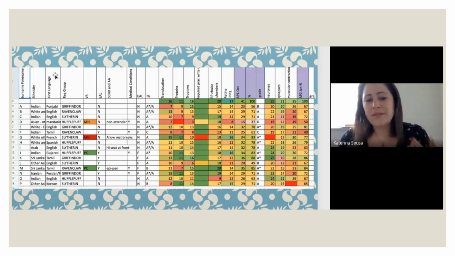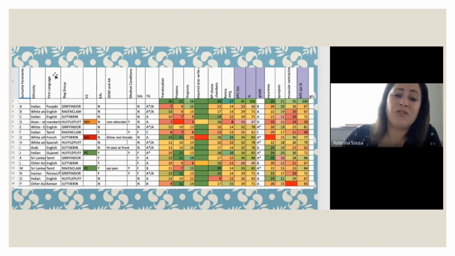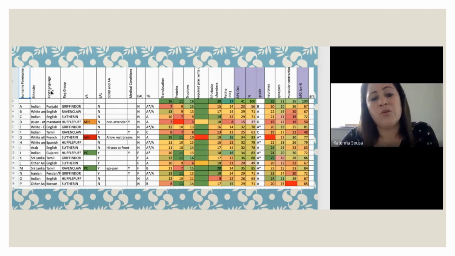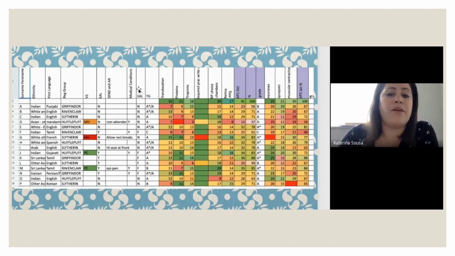So sometimes it can be useful for that. Other times it can be useful when you're analysing your data later on. You can filter for particular ethnic groups. If you know that your school has gaps with particular ethnic groups they want to focus on and help them to narrow those gaps. Same with pupil premium, same with EAL, same with SEN.